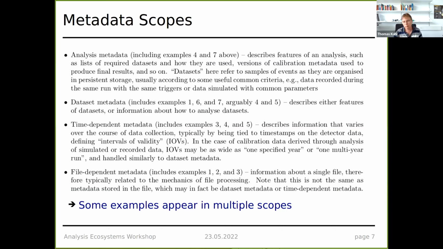That might tell us that maybe we have different ideas of these scopes, or maybe the examples contain several aspects beyond metadata. And to be clear here, I think it helps to then also assign the requirements to these metadata scopes, because probably not all requirements apply to all scopes of metadata.